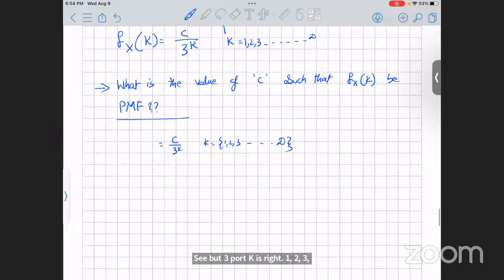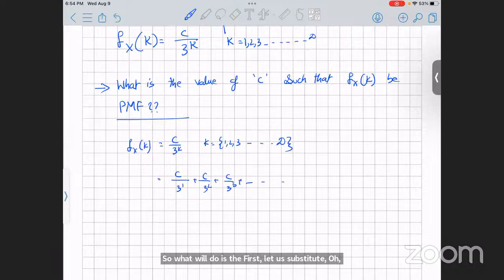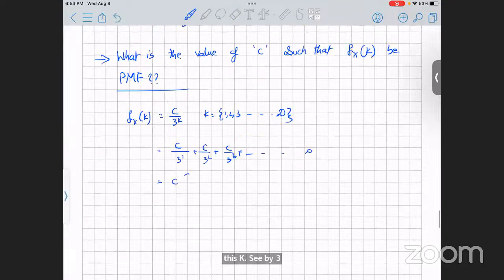So what we will do is first substitute these k values: c by 3 power 1 plus c by 3 square, c by 3 cube, and so on till infinity. So take c common: 1 by 3 plus 1 by 3 square plus 1 by 3 cube up to infinity.